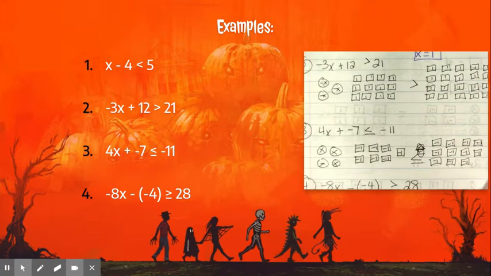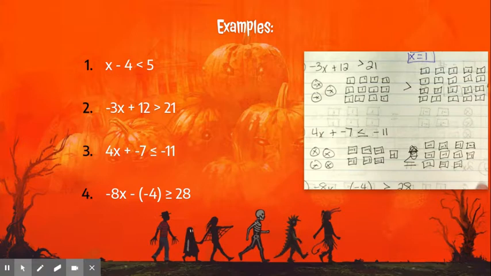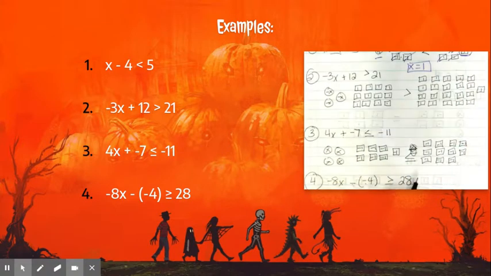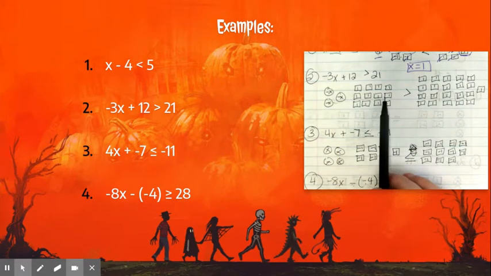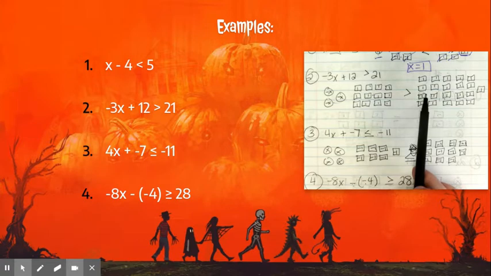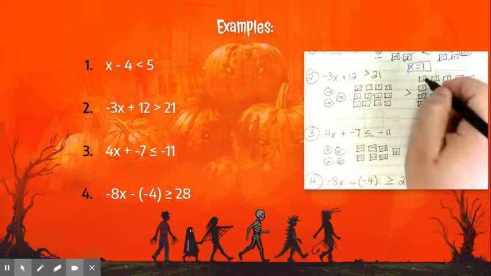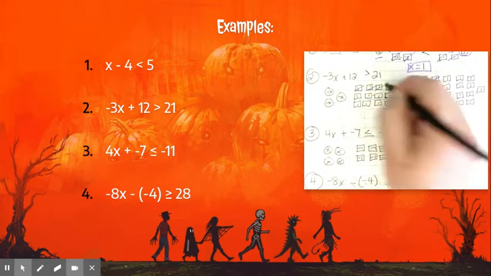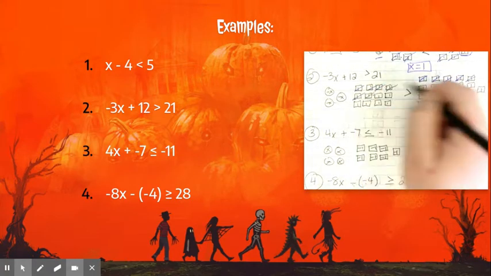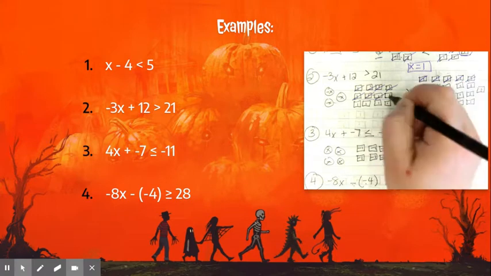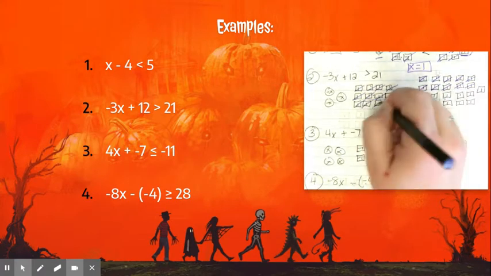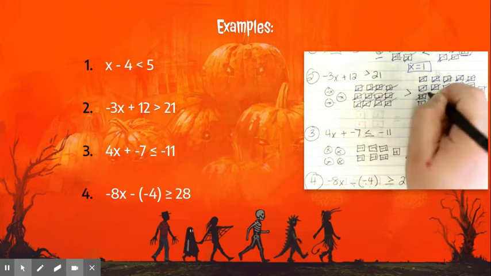Negative 3x plus 12. Zoom out a little. There we go. Negative 3x plus 12 is less than 21. So we see here, these are both positive on each side, so I can cross it out. 1, 2, 3, 4, 5, 6, 7, 8, 9, 10, 11, 12.